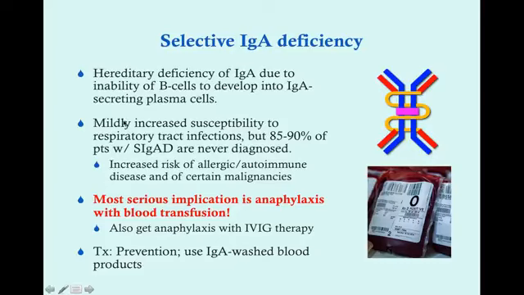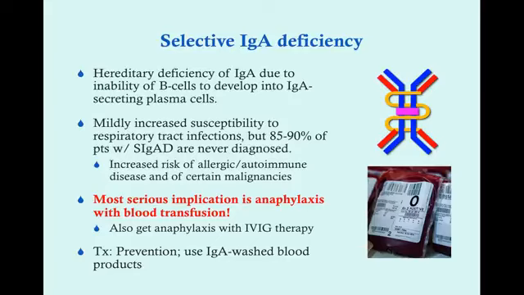So it's relatively non-severe as far as the other antibody deficiencies go. And it really just results in a mild increased susceptibility to respiratory tract infections, UTIs, otitis media, pneumonia, and increased risk of giardiasis. Pretty much the same picture you see in all the other antibody deficiencies, but it's less severe than those.